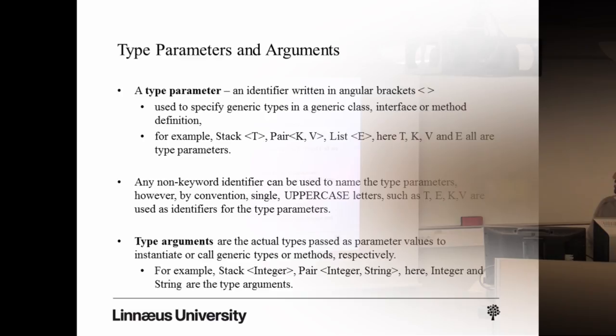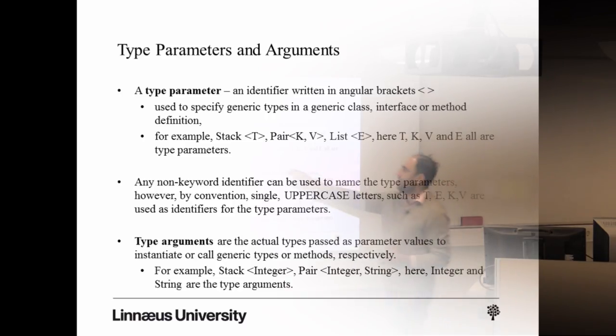And the type parameters and the type arguments. What is a type parameter? It's an identifier that you specify within the angle brackets, and you can specify one or more type parameters. These are used to specify generic types, and you can use them with class, interface, or method definitions. The general rule is you can use any identifier other than the reserved words or keywords in Java.